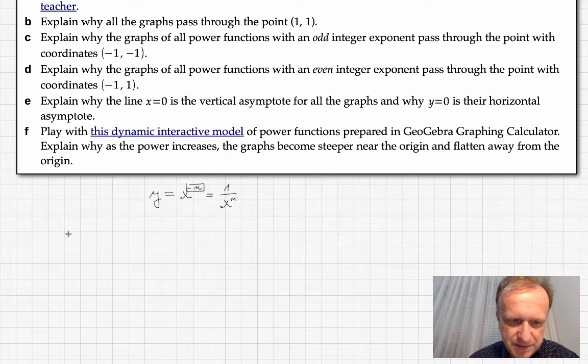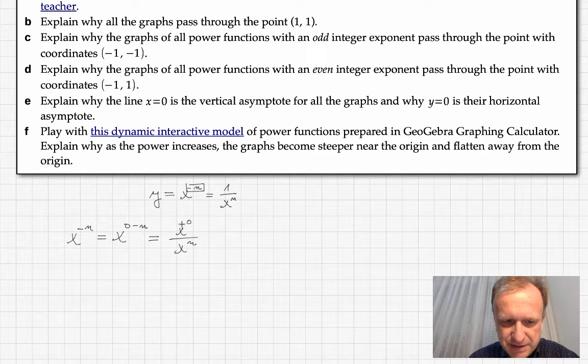try to explain it. You know that x to the power of negative n can be understood or rewritten as x to the power of 0 minus n. And now, using the well-known formula, this can be written as x to the power of 0 divided by x to the power of n, where you know already that x to the power of 0 has to be 1.